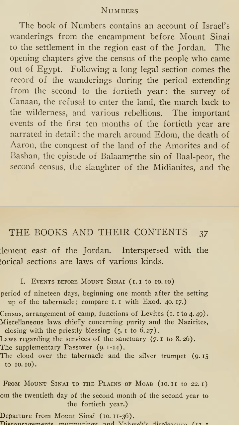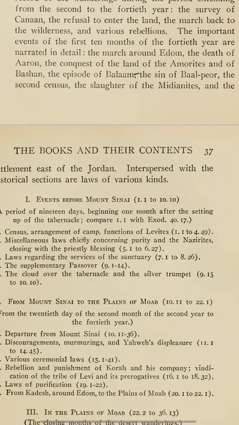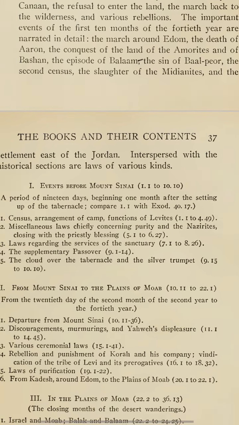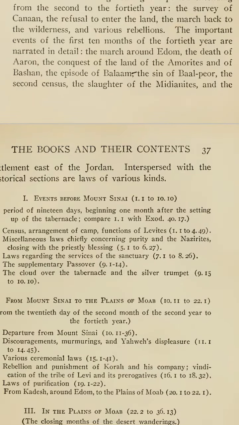Following a long legal section comes the record of the wanderings extending from the second to the 40th year. The survey of Canaan, the refusal to enter the land, the march back to the wilderness, and various rebellions.